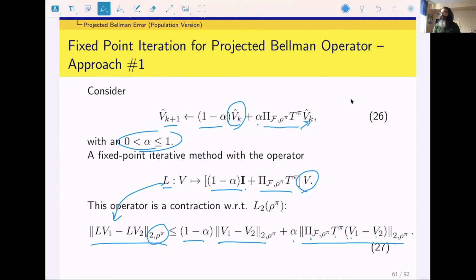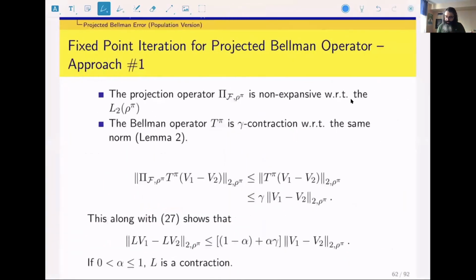So that's the operator. I guess this first part is clear, because if alpha is smaller than 1, then this is fine. But for the second part, I need to show that this vector is not growing, that it has some kind of contraction property. One thing I mentioned already is that the projection operator is non-expansive with respect to the L2 norm of rho pi.